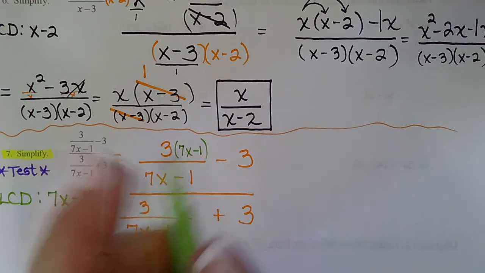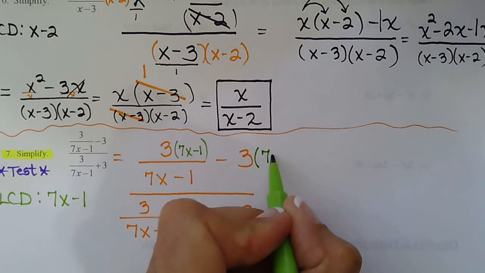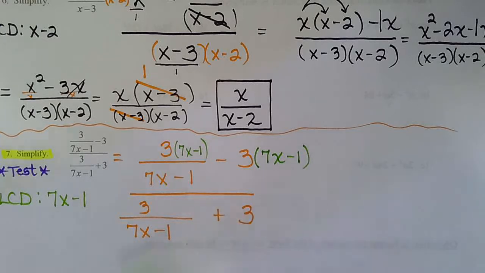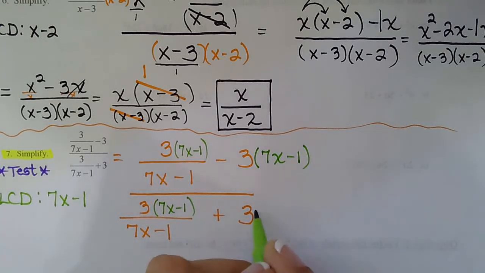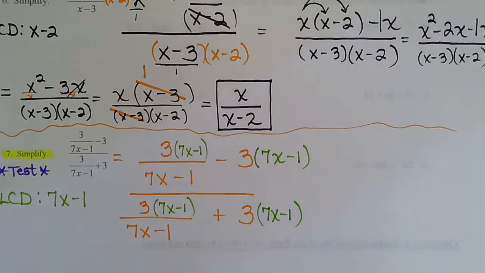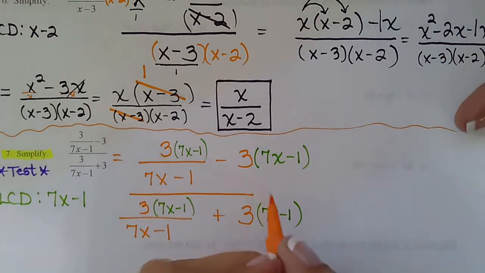So if it's a fraction, write it in the numerator. If it's a whole number like this, just write it right beside. So on the next step, my fractions should be gone. So let's see if that happens.